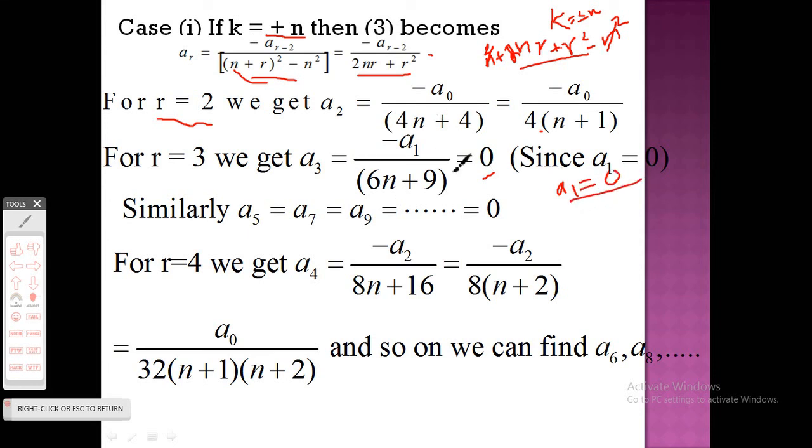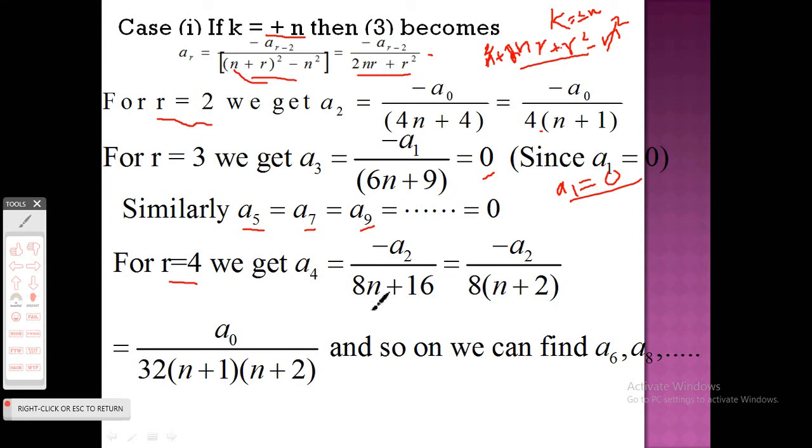So when I substitute a1 equal to 0 here, we get a3 equal to 0. If a3 is equal to 0, we can say that a5 is equal to 0, a7 is equal to 0 and so on. So for all odd values of r, the value will be 0, because when you take a5, we are substituting a3, which is 0. Therefore we'll move to r equal to 4 now.